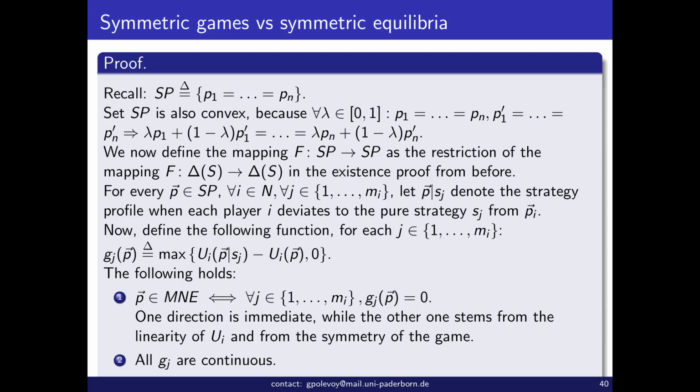So for every point P in SP, so for every set of equal probabilities, for every player and for every J in the pure strategies set of that player, let, in the enumeration of the pure strategies to be exact, let P vector 2 as J denote the strategy profile when each player I deviates to the pure strategy as J from Pi.